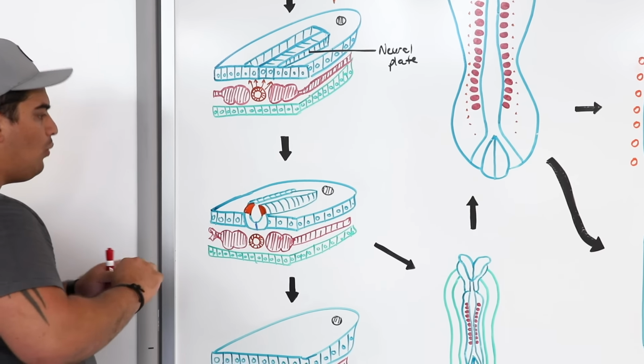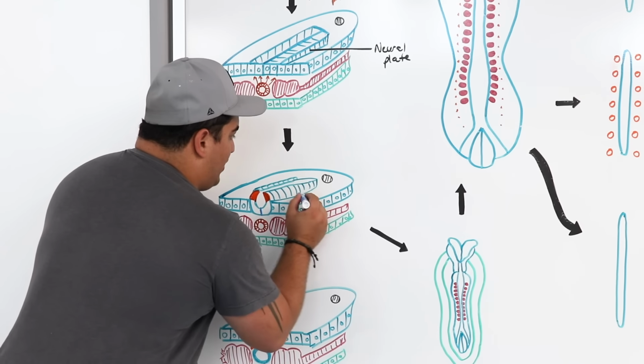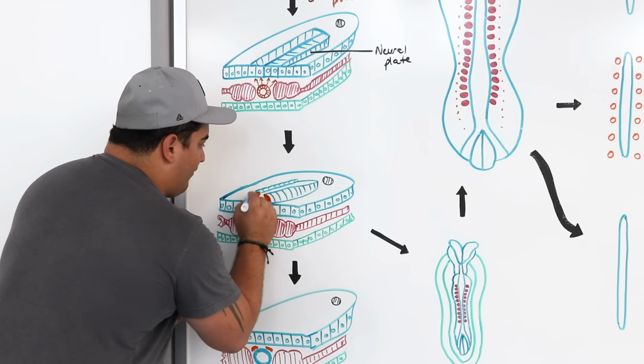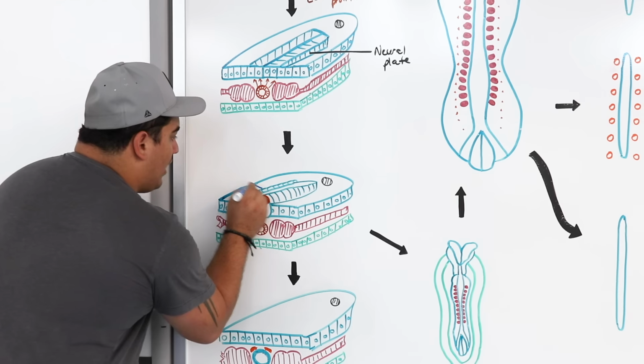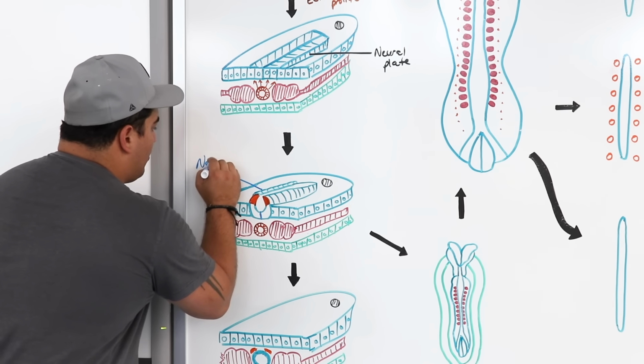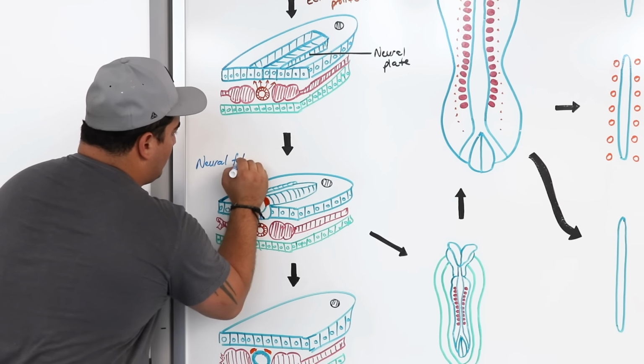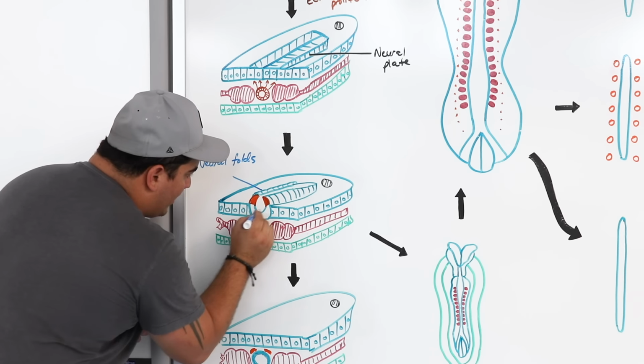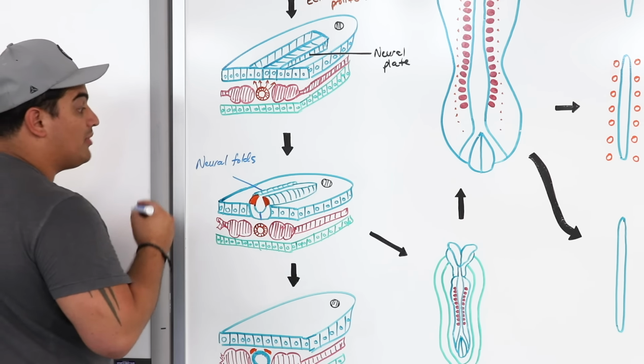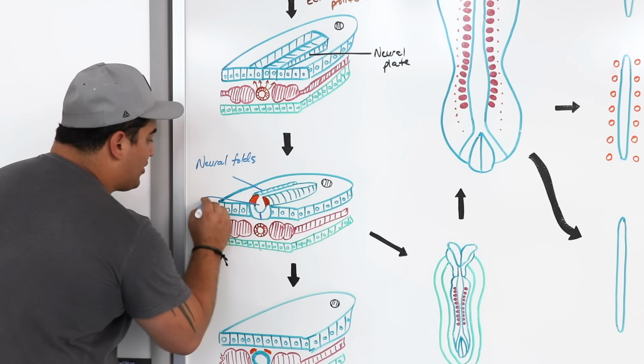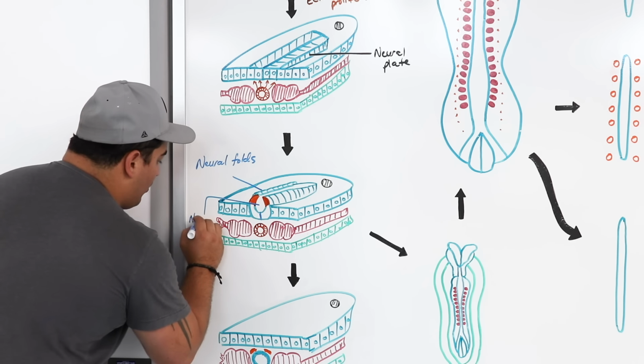Now you get this part here. You see how it's kind of folding? It's getting ready to fold. This is going to be called our neural folds. And here, this little U shape, almost a complete tube, is going to be called the neural groove.